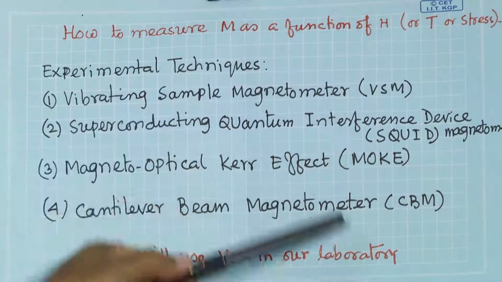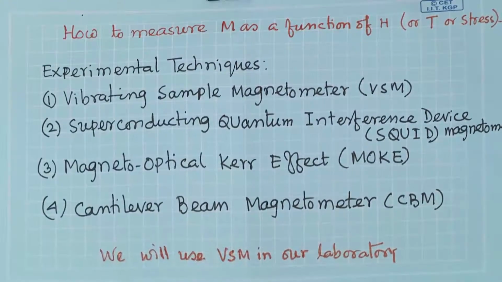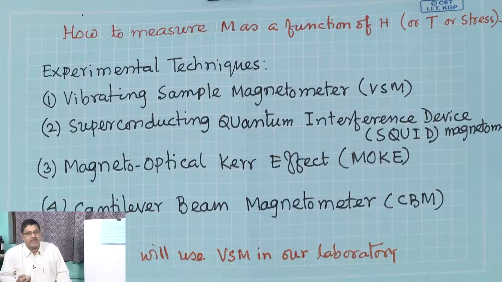But all of these are called magnetometers, because this technique is used for measuring the magnetic properties of a magnetic material. As I told you, you may want to know susceptibility, permeability, magnetic induction, Curie temperature.